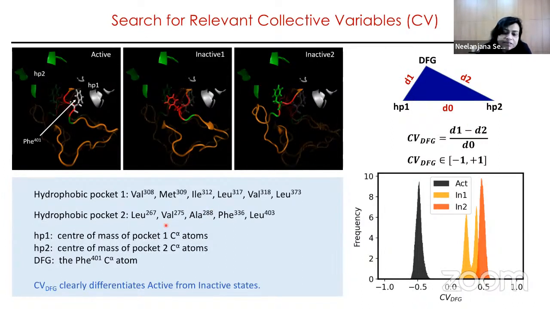CVDFG clearly differentiates the active and the inactive states. What is not shown here are the corresponding values from the experimental NMR data, and it turns out that if you estimate the CVDFG, they sit right between the distributions that you get from direct sampling. So we thought that CVDFG would be a good starting point for the collective variable.